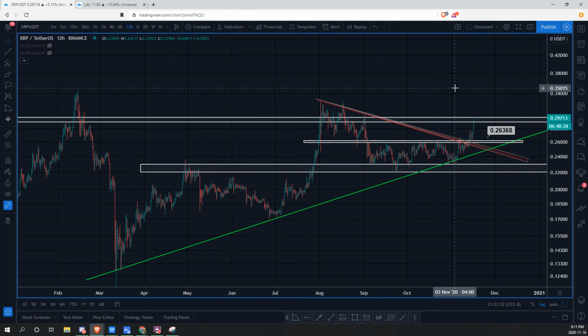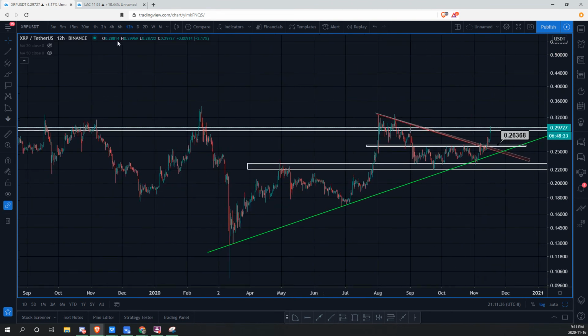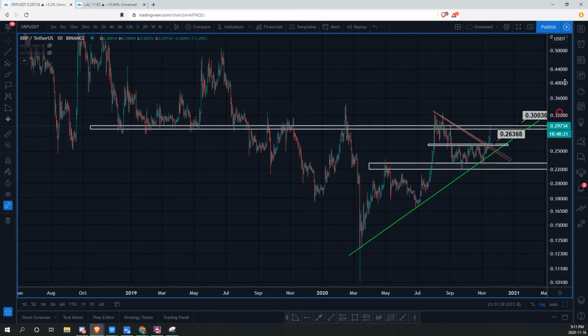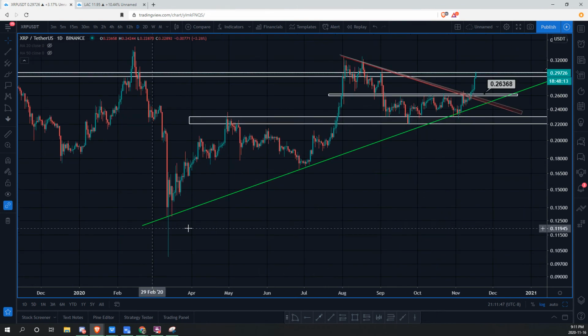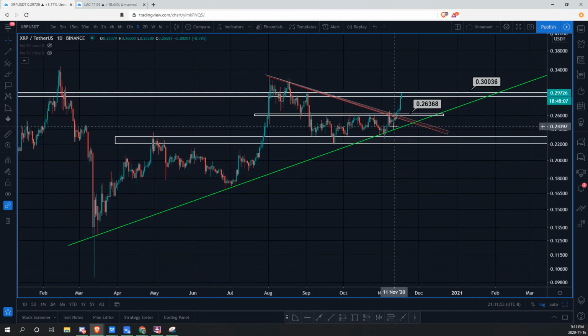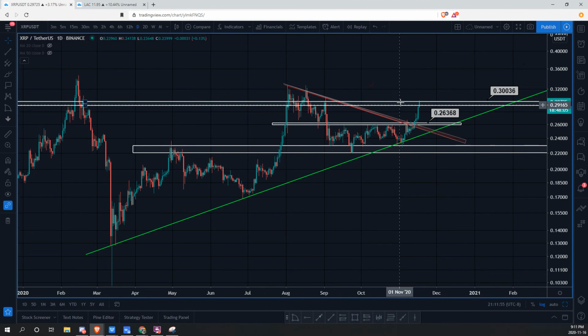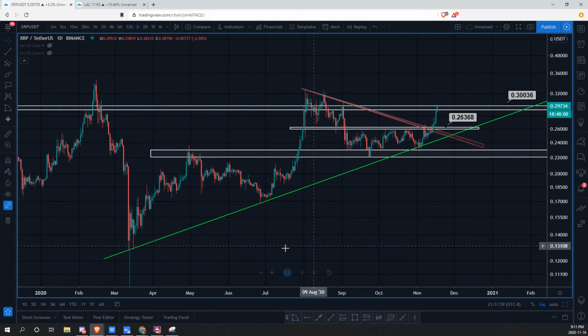So if you are looking for possible entries, I'd say for XRP, breaking above the 30-cent range would be a good opportunity. But in terms of bullishness, it does look pretty bullish. We're seeing a lot of buy volume coming in with a surge in the price here, coming up to the main level of supply, on a large time frame, with a series of higher lows and lower highs squeezing, and you're getting that nice impulsive push to break above, starting your next new trend, hopefully breaking above the 30-cent range.